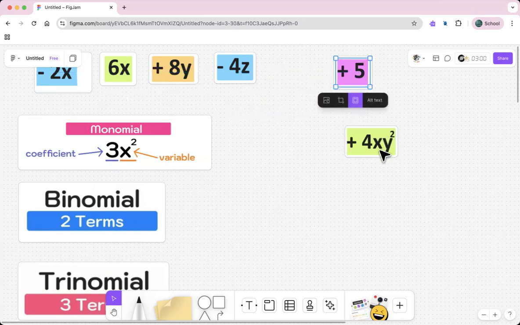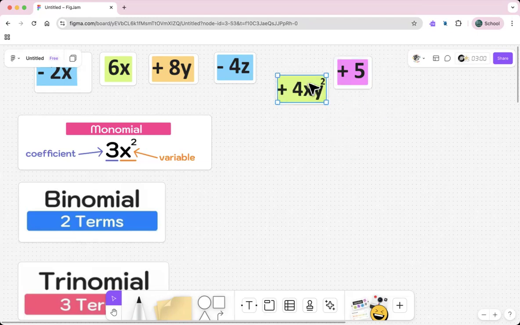We have two different variables, the x and the y squared, and the 4. But because the 4, which is the coefficient part, and the variables, the x and the y squared, are not separated by a positive or negative sign, that still makes up a monomial, one term, even though we have three different components.